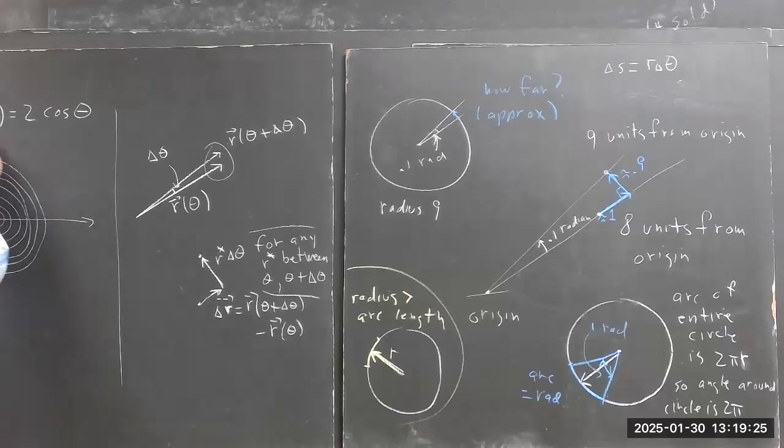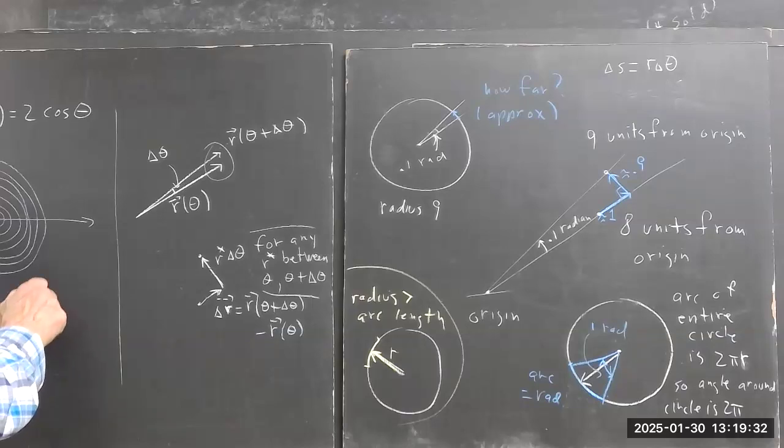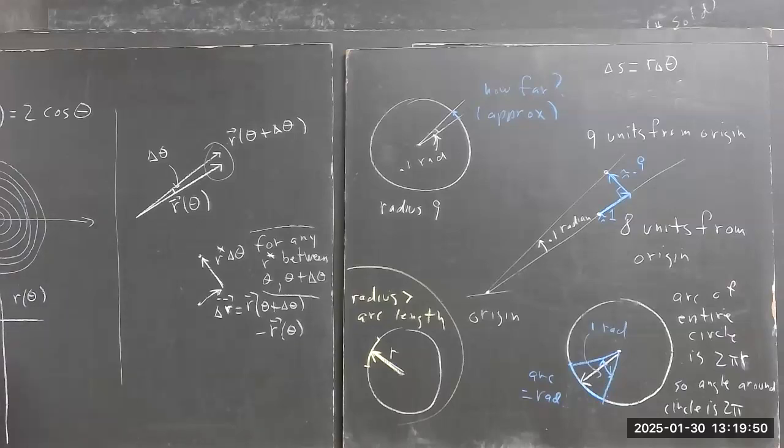So if r equals 2 cosine theta, let's just make a table. I don't really have room to go from 0 to pi, but usually we'll go from 0 around to 2 pi, right?